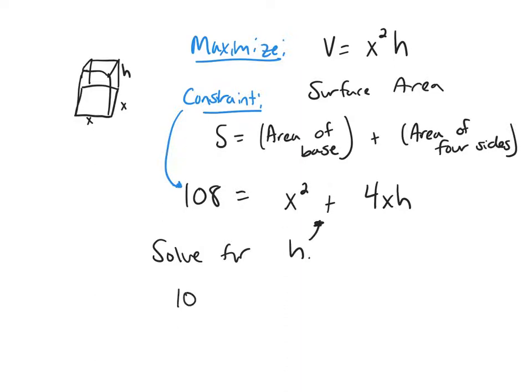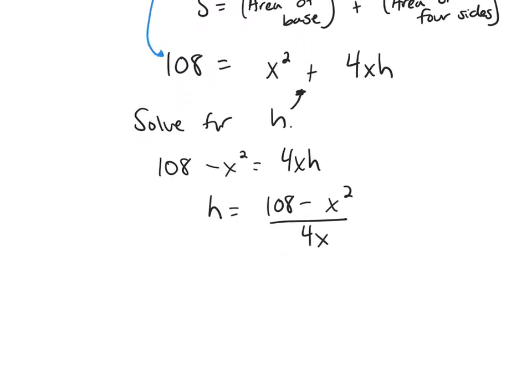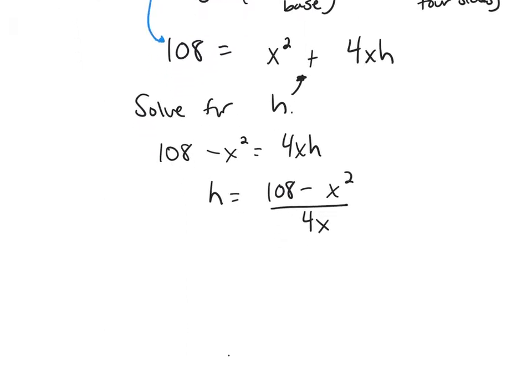You'll get 108 minus x squared equals 4xh. So if I solve for h, you're going to get h equals 108 minus x squared over 4x. And now you're going to take this and plug it into your volume equation. So remember, volume was x squared h.